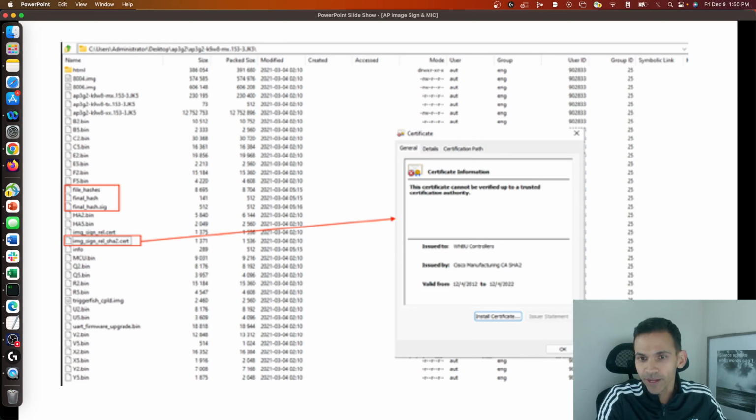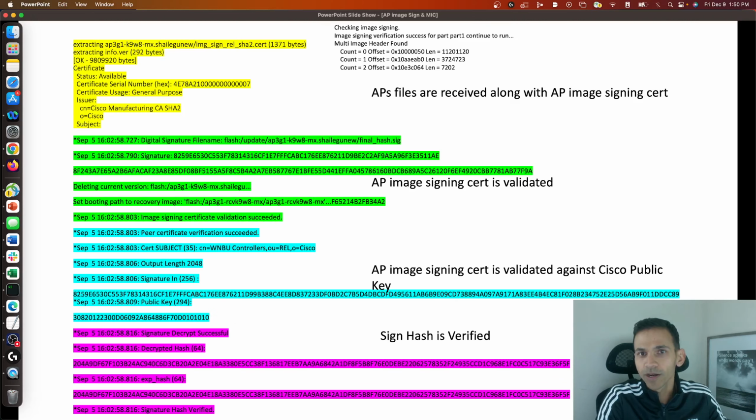But before that, understand what the steps are. AP files are received along with the AP signing certificate, followed by the AP image signing certificate being validated, as highlighted in green.